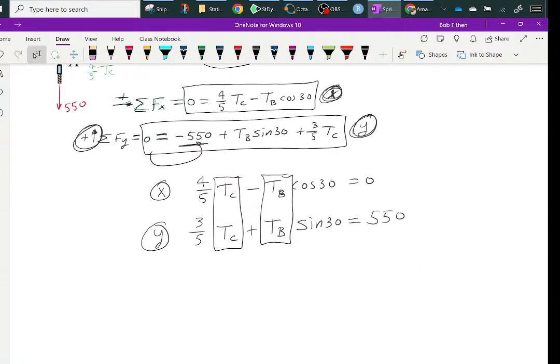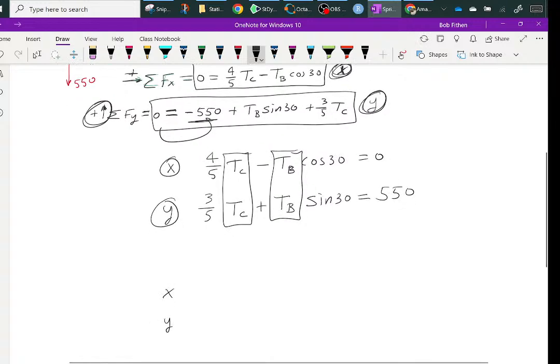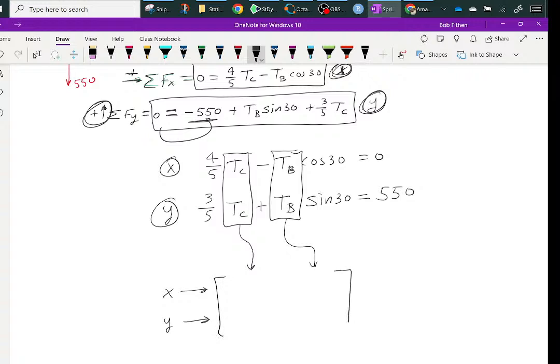So I've got two equations, an X and a Y. Now I'm going to do something bizarre, which shouldn't be that bizarre for you. I'm going to line the TC up, and I'm going to line the TB up, and I'm going to put the coefficients. Hang on, TC, TB. Notice the sequence: I've got the TC first and the TB second.